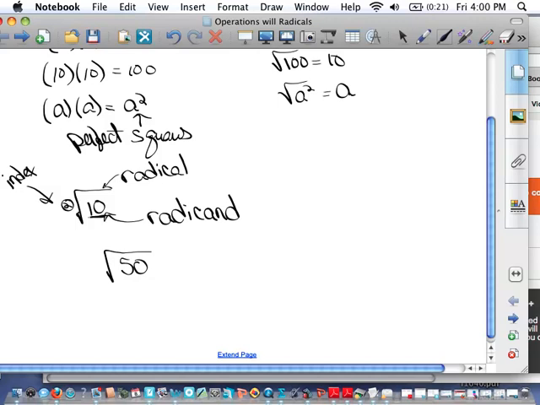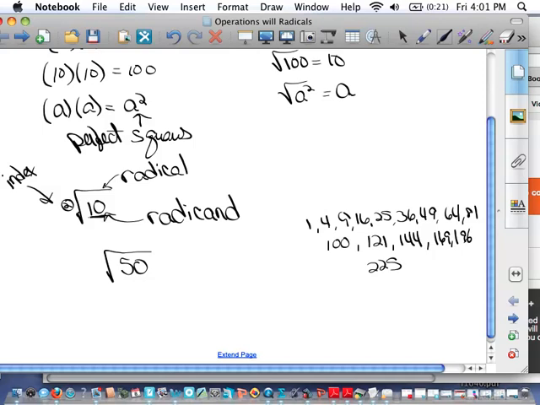And if you've forgotten your perfect squares, you might want to write those down. 1, 4, 9, 16, 25, 36, 49, 64, 81, 100, 121, 144, 169, 196, 225. We probably won't go that high. You'll probably just be using this group up to, for example, 144. Those are your perfect squares.